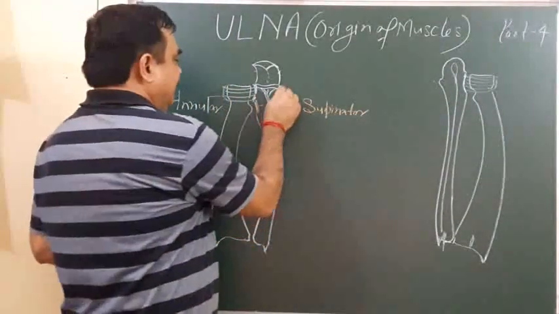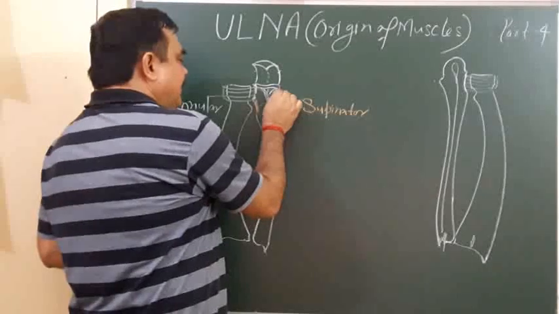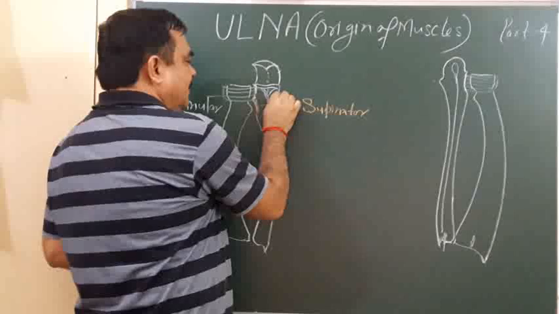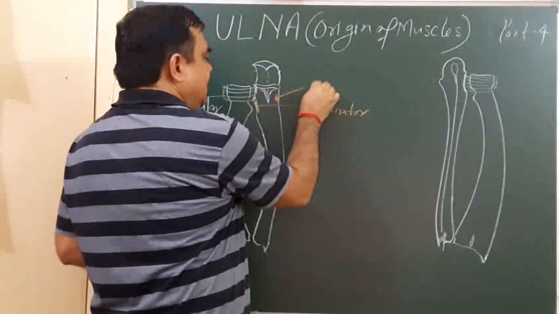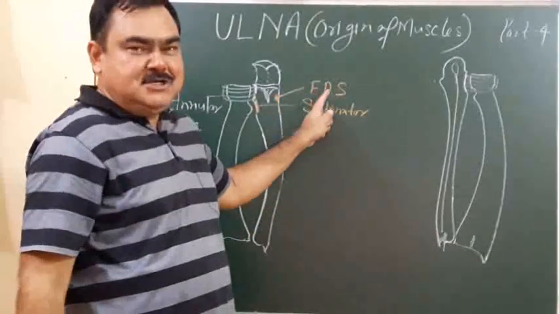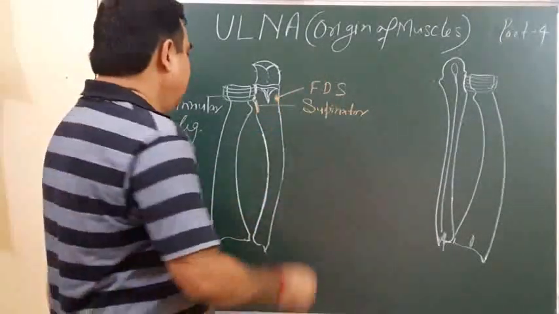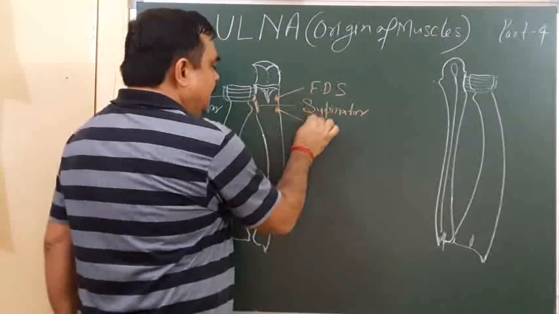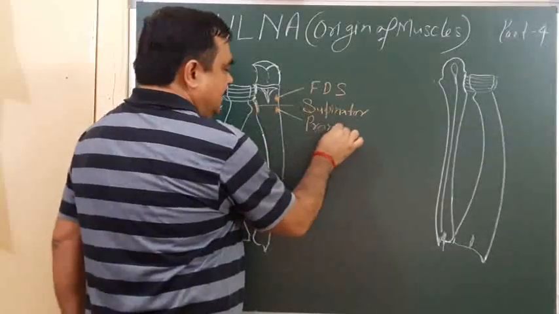Another muscle arises from the medial part of the coronoid process. From here, this is flexor digitorum superficialis. And here, this is pronator teres.